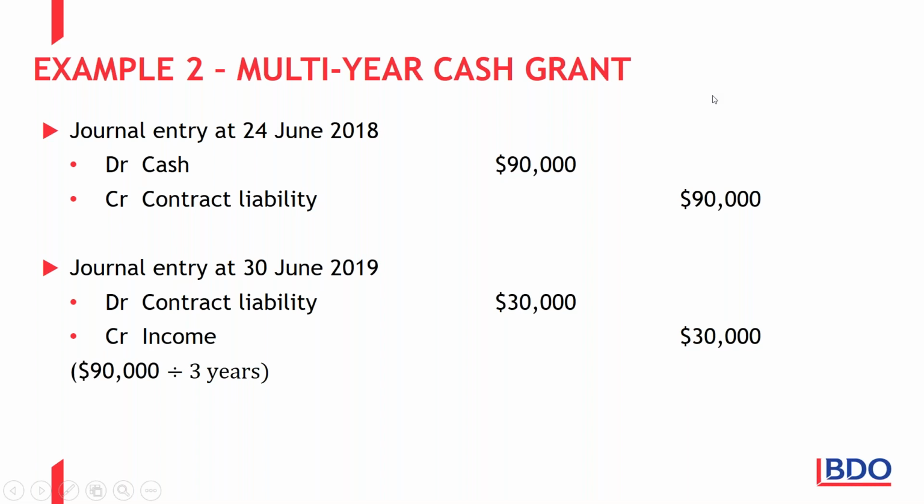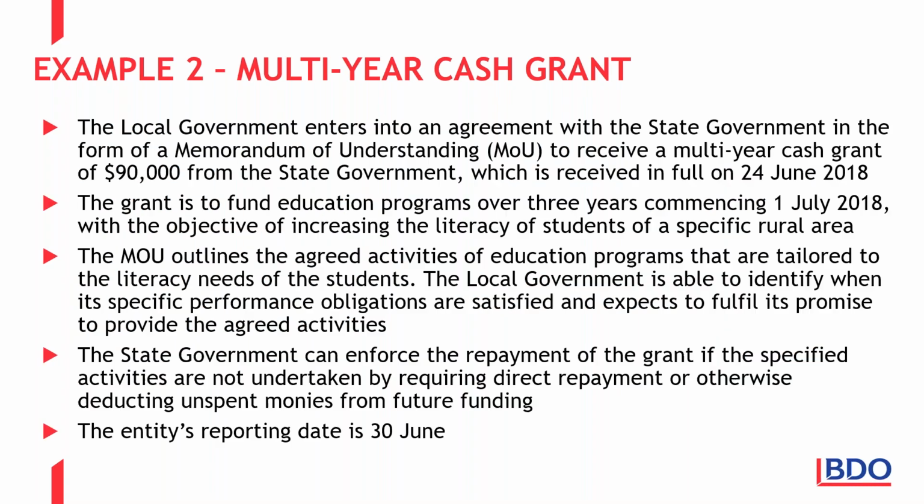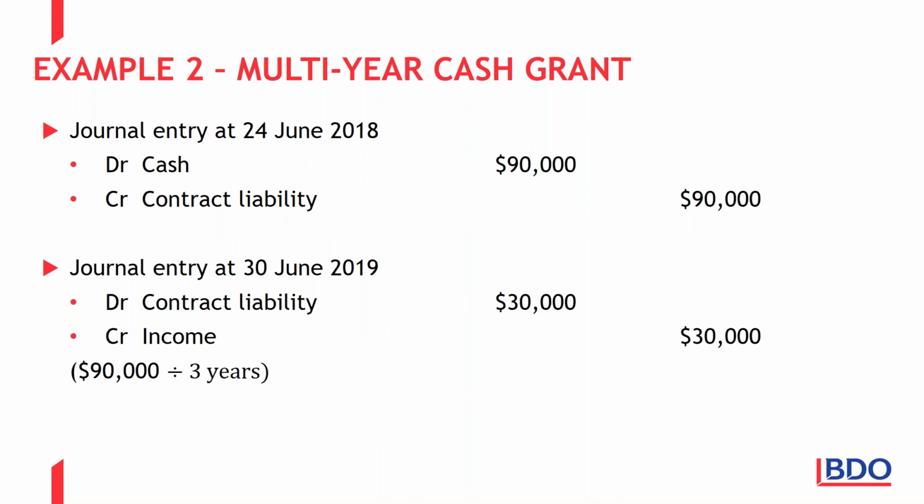Now, before we go on, I also want to ask a question, and I've asked you to specifically note on this slide in the first bullet point that we received in full the 90,000 on the 24th of June, and we got to these journals. And now I want to ask, what if?